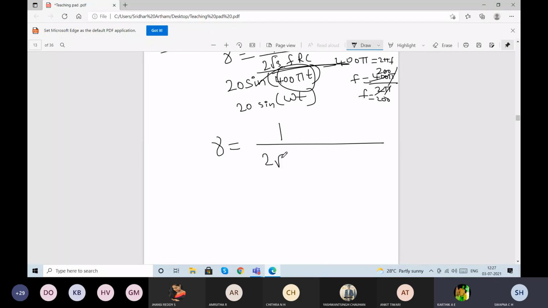2 root 3 f, f is 200, right? R is 1 kilo ohm, and C is 0.1 microfarad.